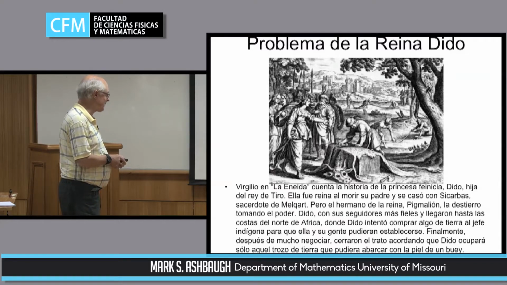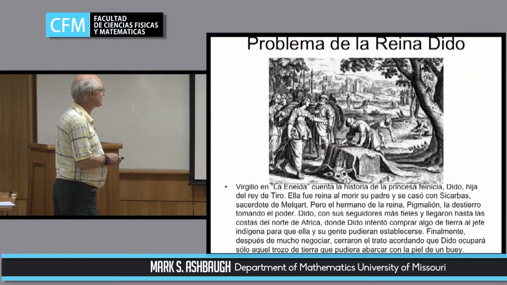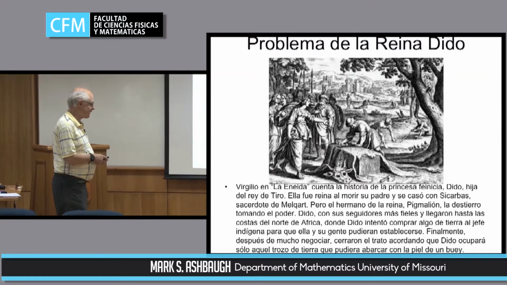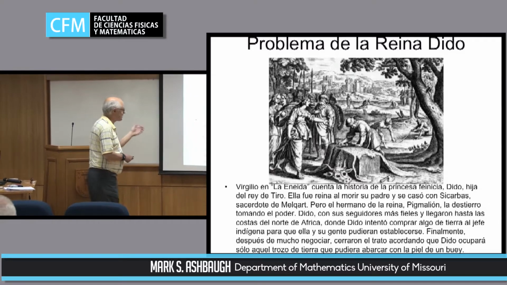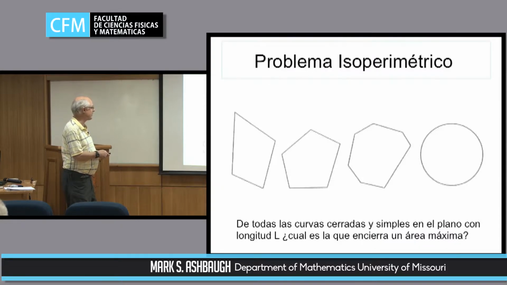So this, of course, figures into, I mean, the Queen Dido problem, aside from the fact that she gets to use the coastline as part of her boundary, is essentially the same as the isoperimetric problem, the thing I was talking about with the first slide there about what shape, okay?